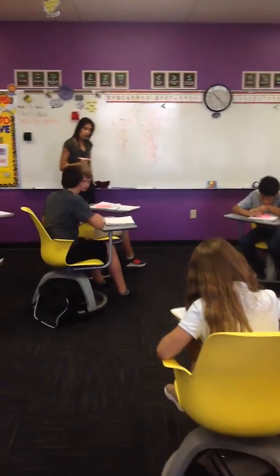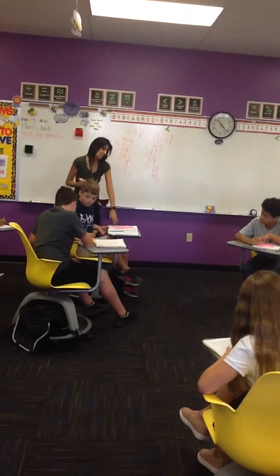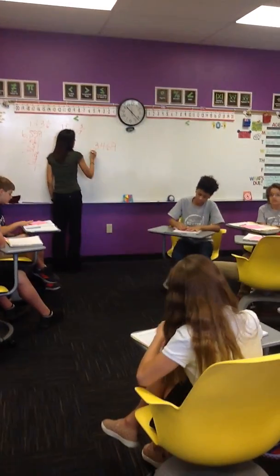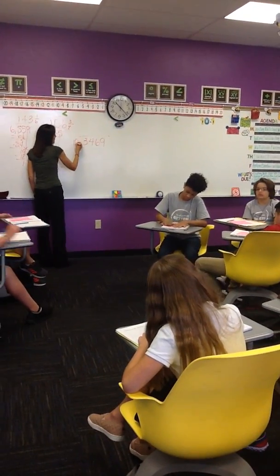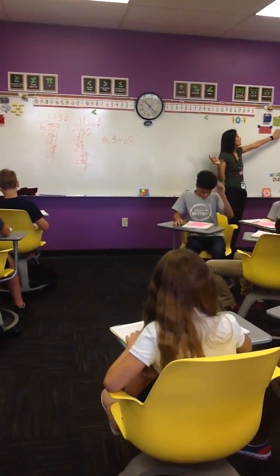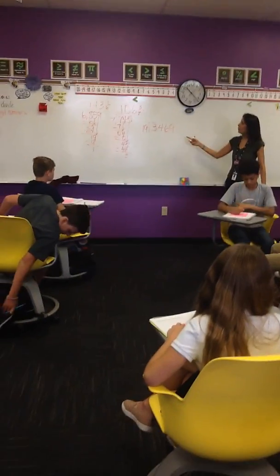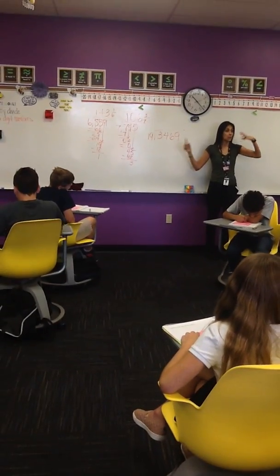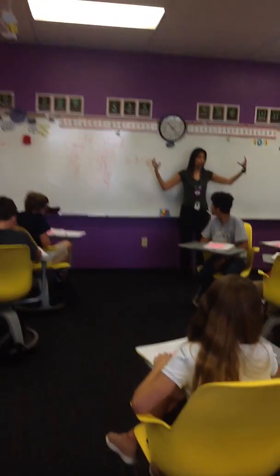Next, 3,469 divided by 19. This is where our lesson starts getting really interesting. This is where we want to start using that power of estimation to help us because the numbers are multi-digit. They're getting grand.